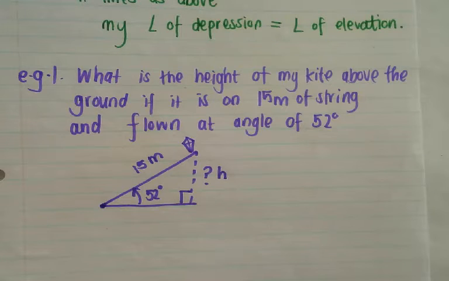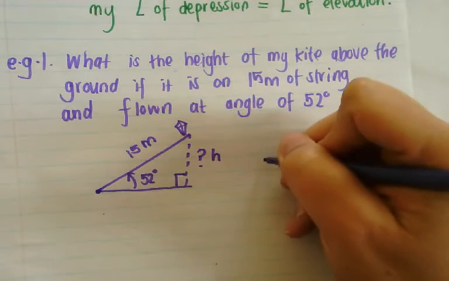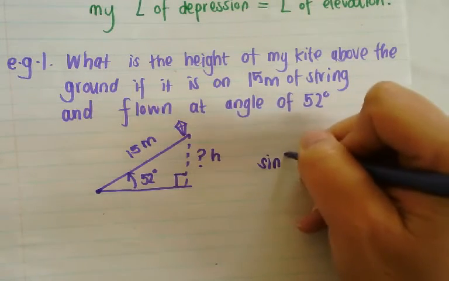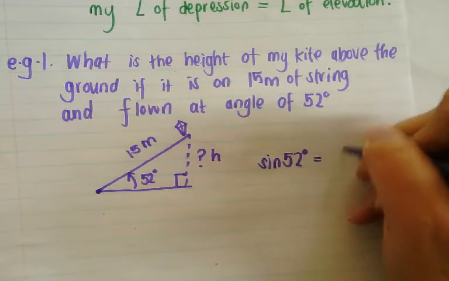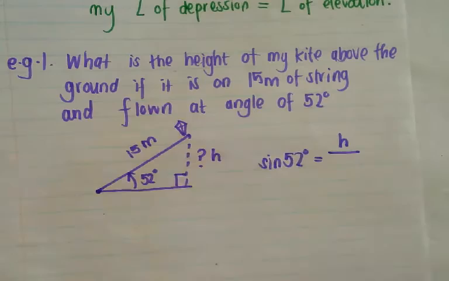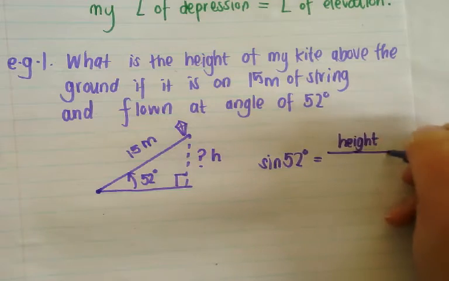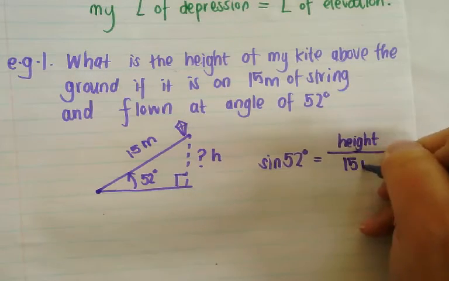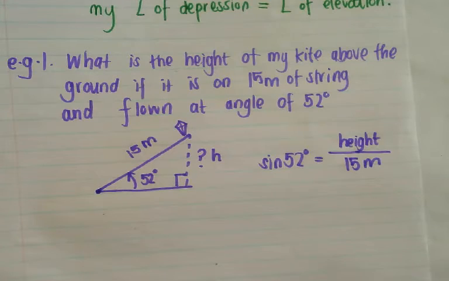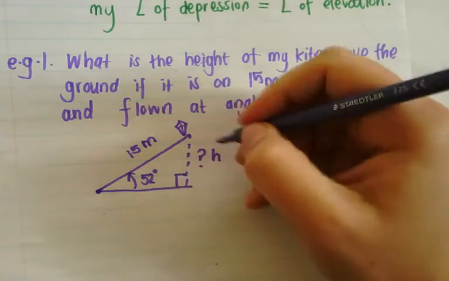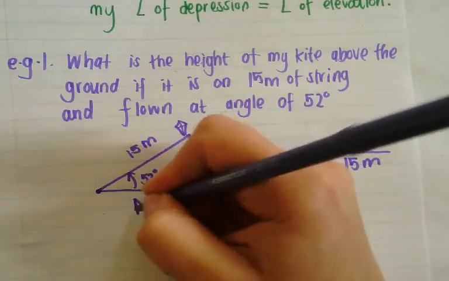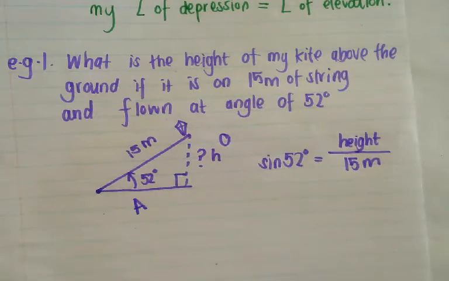Opposite over hypotenuse. Fantastic. So it would be sine 52 degrees is equal to my height, which is my opposite, over my 15 meters. So now is your height the opposite? Is my opposite, exactly. Opposite to my reference angle.